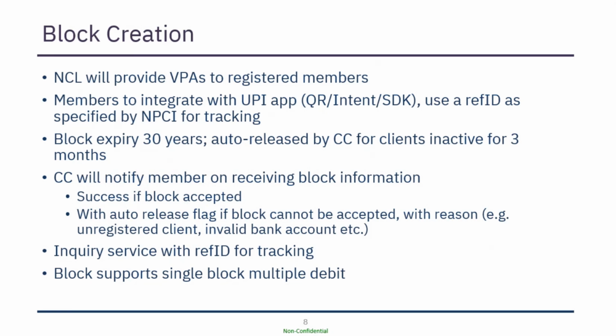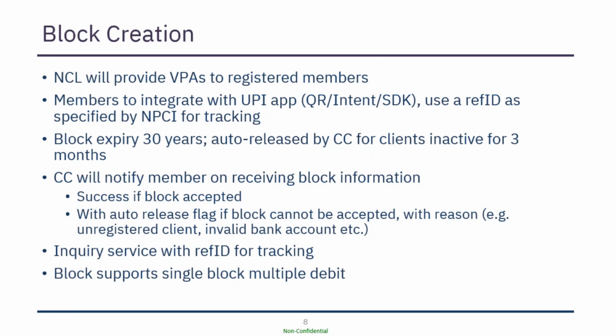So using this reference ID, the member can call the CC and inquire about the status of the mandate. So if we have the status, we will give it to you. If we don't have the status, we'll call our sponsor bank and get the status. If the sponsor bank also doesn't have the status, they can anyway call the API of NPCI and get the status. So using this ref ID, if any response is not received, inquiries can always be made, and the entire ecosystem will track the status of the request using the ref ID.